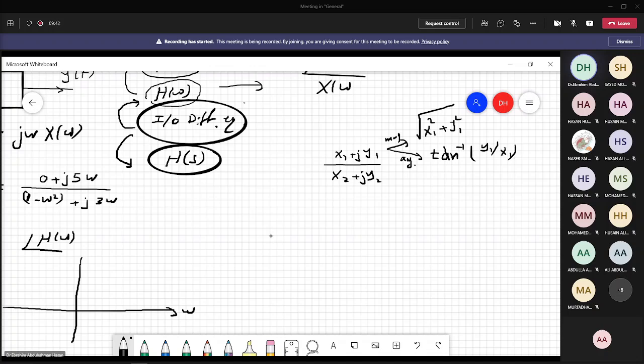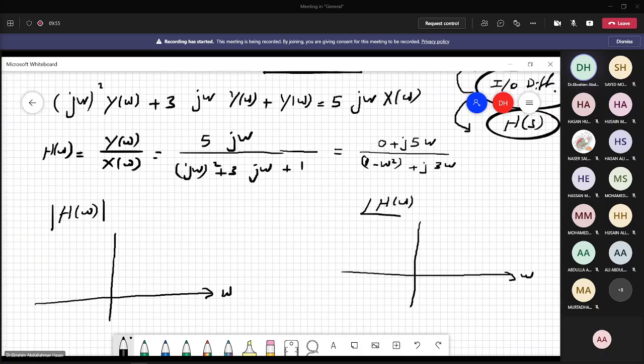So this is for the numerator; do the same thing with the denominator. Then magnitude divided by magnitude, and angle minus angle. Let me do the same thing here.